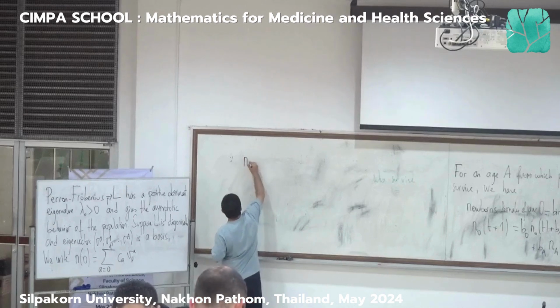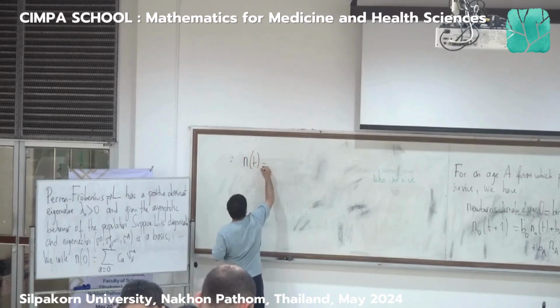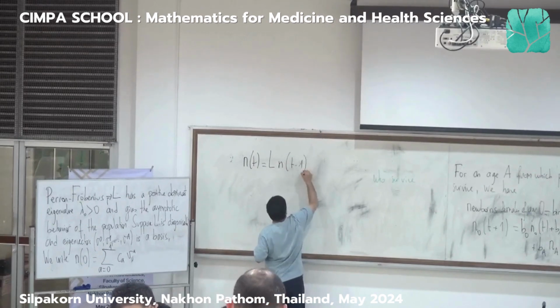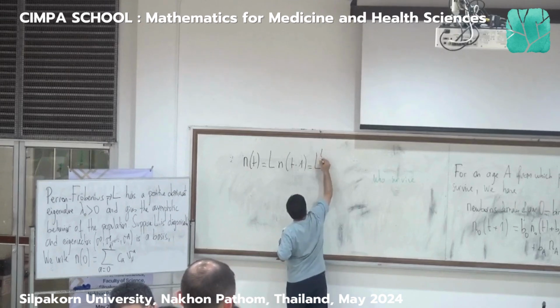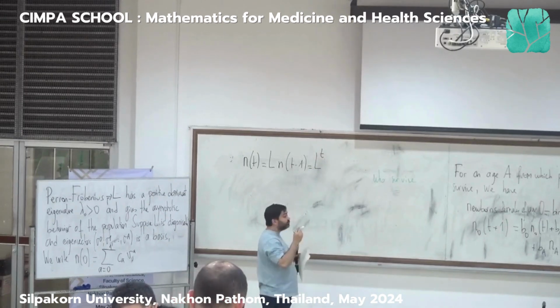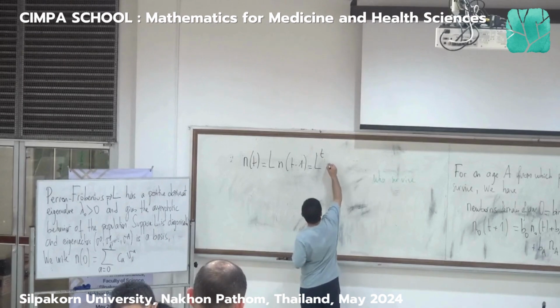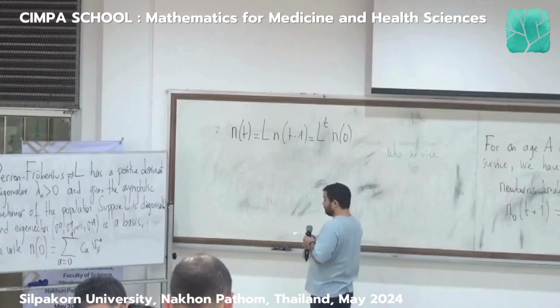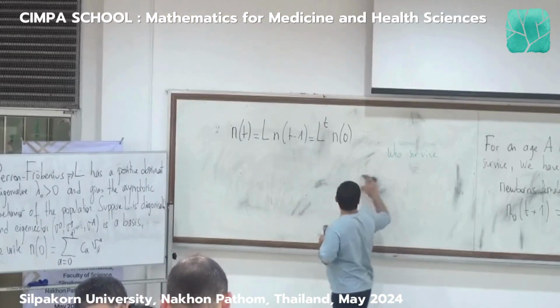So what I can solve is this: n_t equals M n_{t-1}, so n_t is equal to M to the power t times n_0. Then I put it in terms of the matrix.